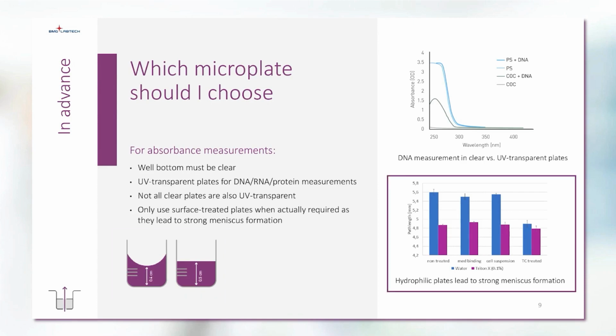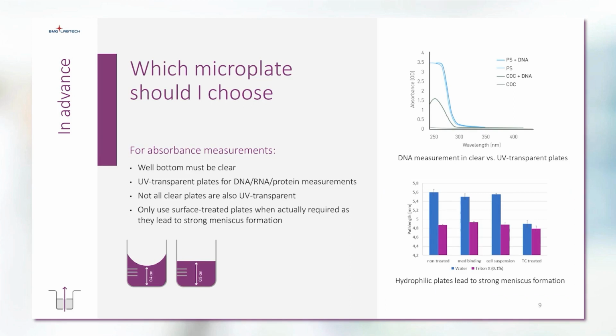Here on the right-hand side, a water sample of the same volume was measured in wells of different microplates with a different surface treatment. And as you can clearly see, the tissue culture treated plates lead to a reduced path length compared to the other microplates. It is especially known that microplates with a hydrophilic surface lead to meniscus formation.